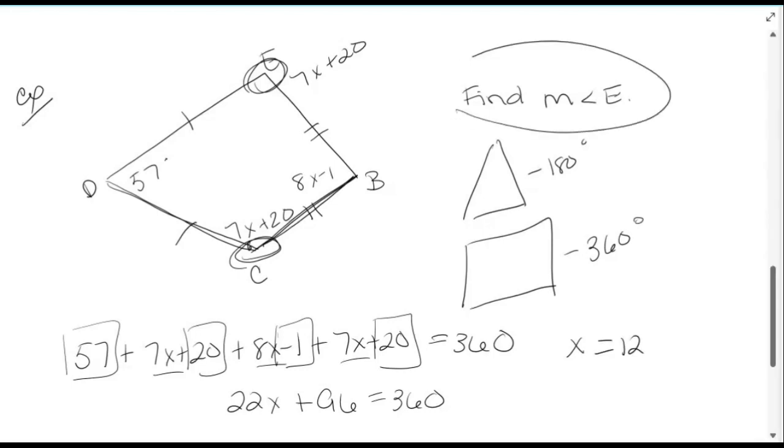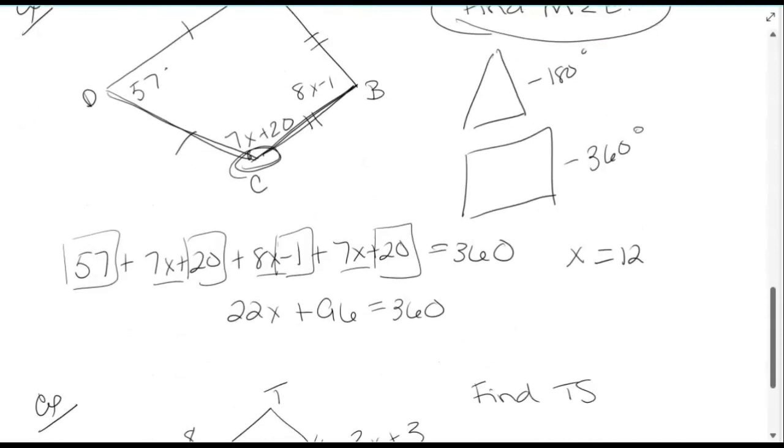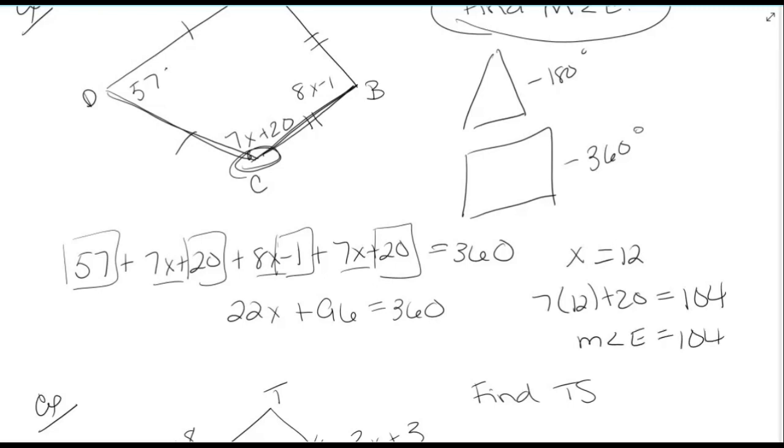But remember, they didn't ask us to solve for x. They wanted us to find the measure of angle E. We know that E can be found if we substitute 7 times 12 plus 20, which is going to give us 104. So the measure of angle E is 104 degrees.